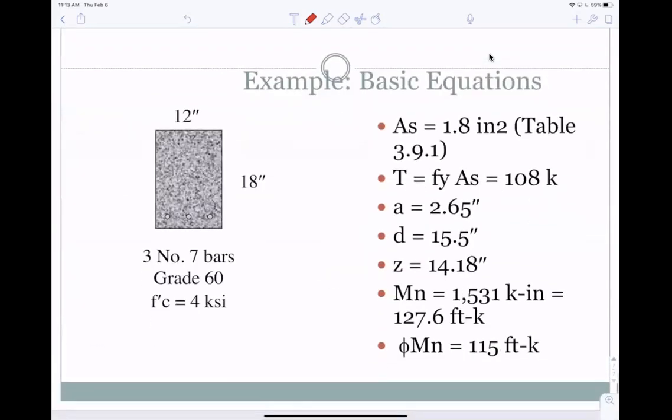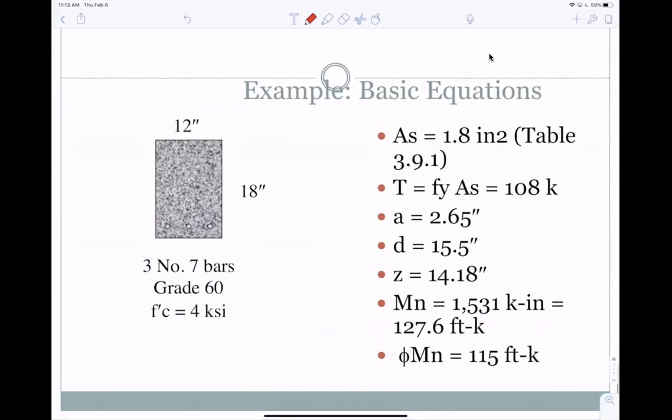Okay, so here's a basic example. We have 1.8 square inches of steel. So you look it up, 3 number 7 bars equals 1.8 square inches. You can look it up in a table. So T is just 1.8 times Fy, grade 60, so 60, that'll equal 108 kips. Okay, a.